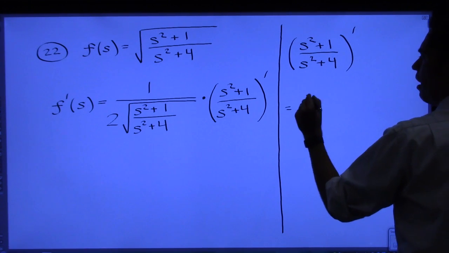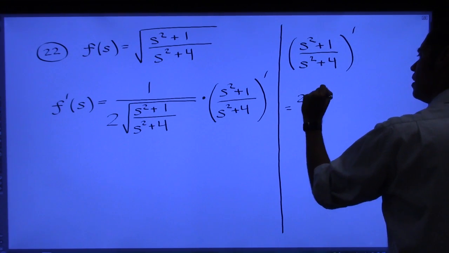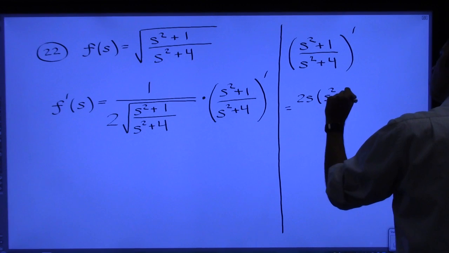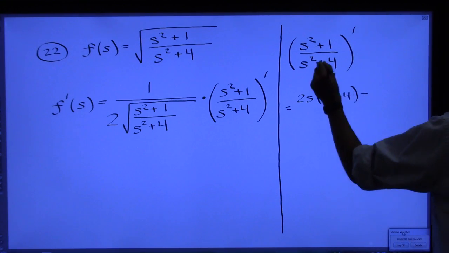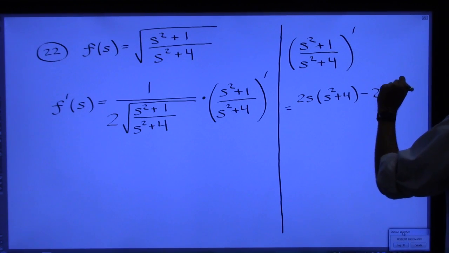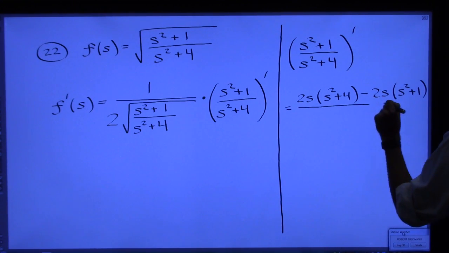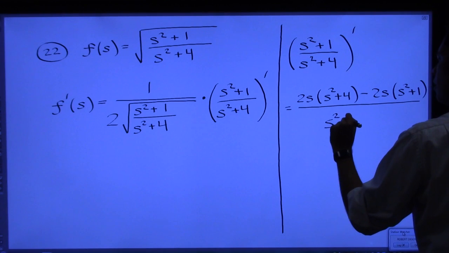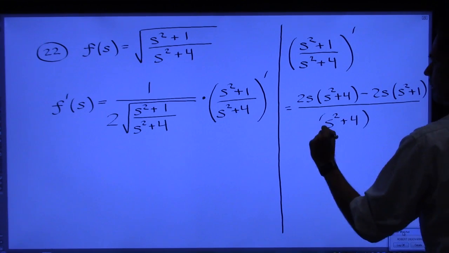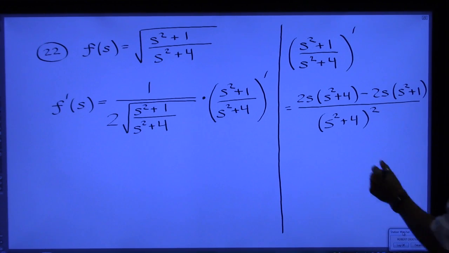So the derivative of the top is just 2s times the bottom, s squared plus 4, minus the derivative of the bottom is 2s times the top, s squared plus 1, all over the entire bottom squared, (s squared plus 4) quantity squared. Let's distribute.